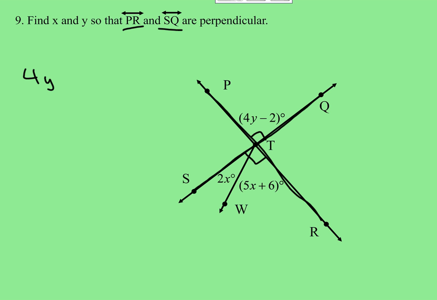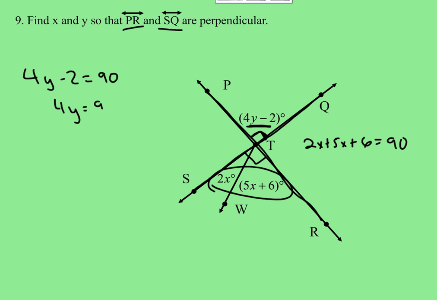So to figure out the top one, you've got to figure out that this is 90 degrees. And what makes this equal to 90 degrees? Same idea with the bottom one, except you've got these two together. So you've got 2 little problems to solve. No problem.